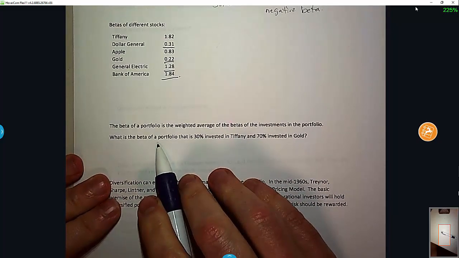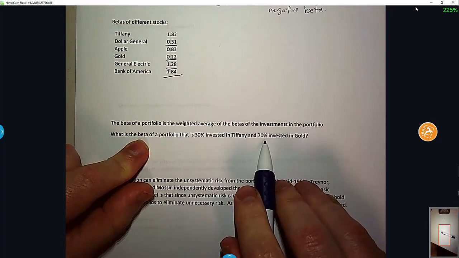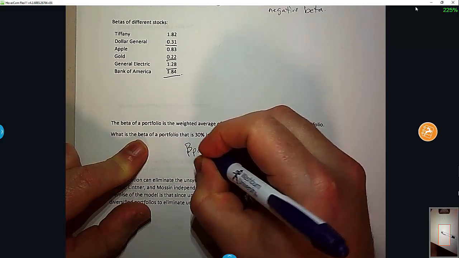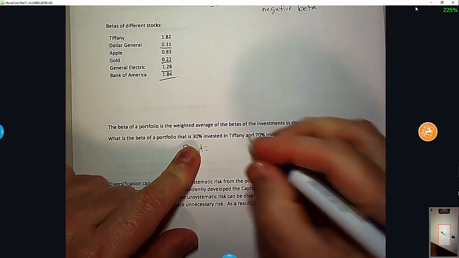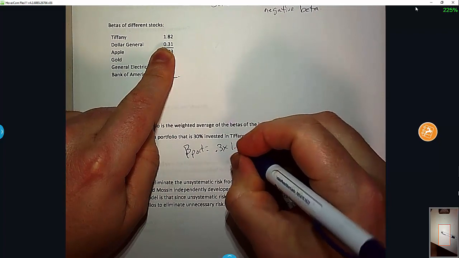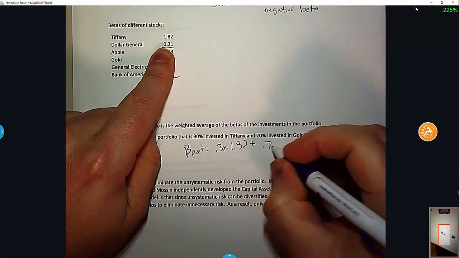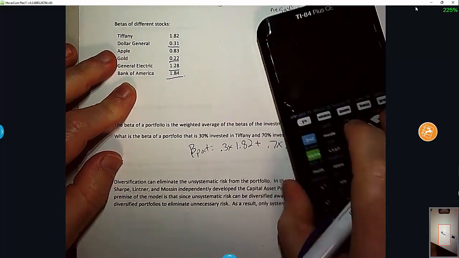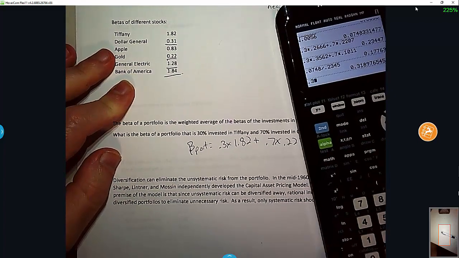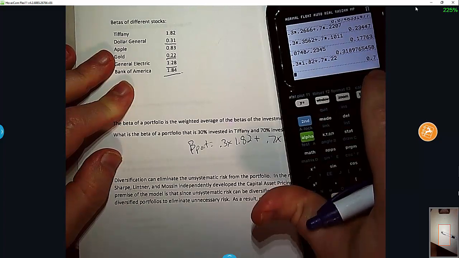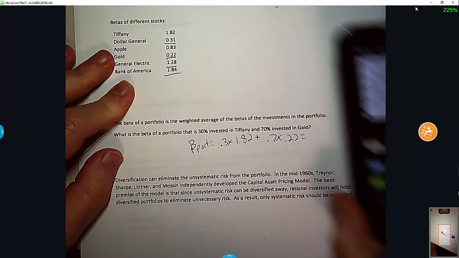So if we created a portfolio that's 30% invested in Tiffany and 70% invested in gold, the beta of that portfolio would be equal to 0.3 multiplied by 1.82, the beta for Tiffany, plus 0.7 multiplied by 0.22, the beta for gold, and that would give us a beta of 0.7 for our portfolio.